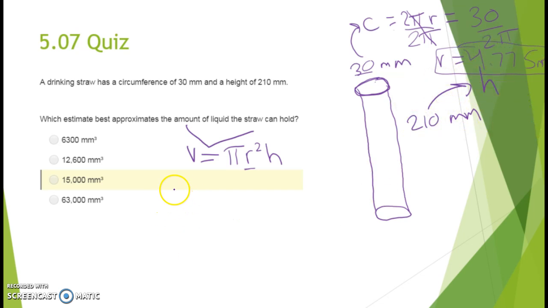So we're going to plug that in. Volume is equal to pi times the radius squared, 4.775 squared, times the height. So put that into your calculator.